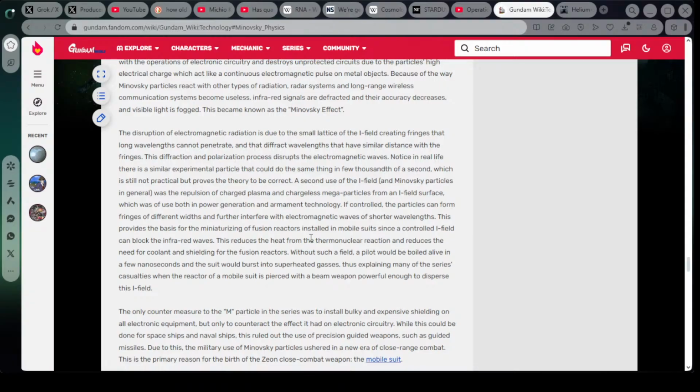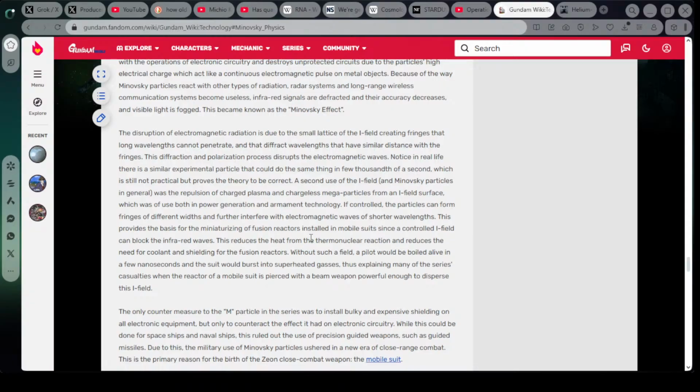A second use of the eye field and Minovsky particles in general was the repulsion of charged plasma and chargeless megaparticles from an eye field surface, which was the use both in power generation and armament technology. If controlled, the particles can form fringes of different widths and further interfere with electromagnetic waves of shorter wavelengths, right?